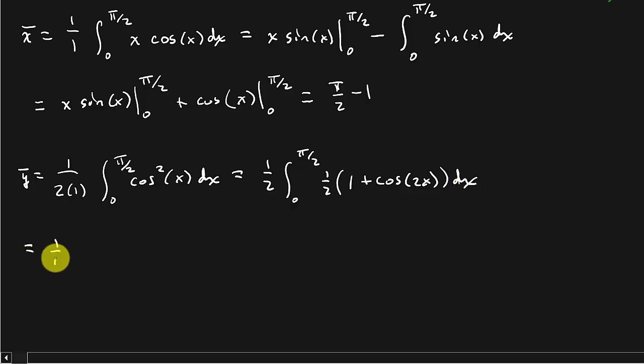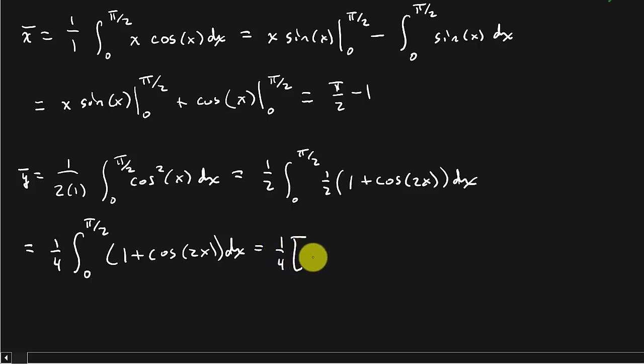And so this is 1/4, 0 to pi over 2 of 1 plus cosine 2x dx, which when we integrate that, that is going to give us 1/4 times x plus 1/2 sine 2x, from 0 to pi over 2.